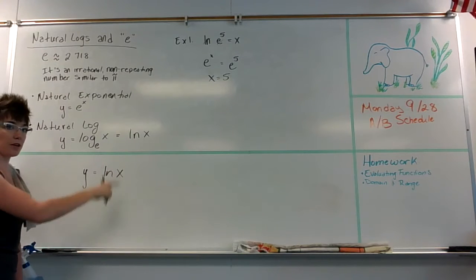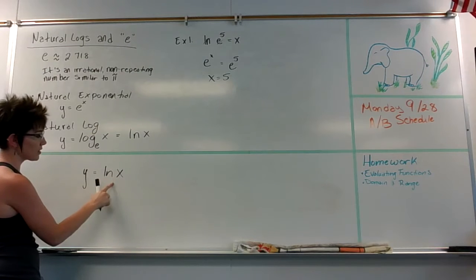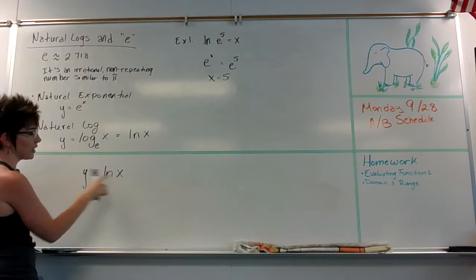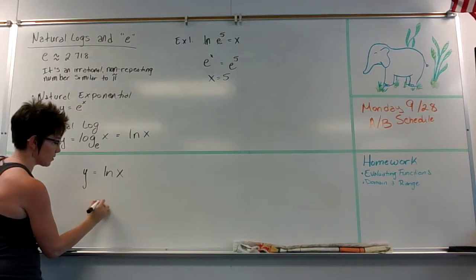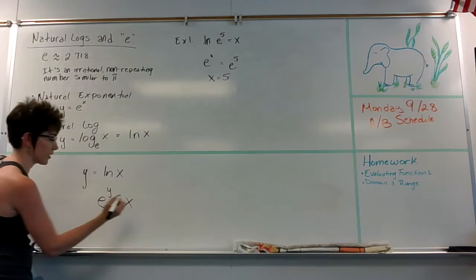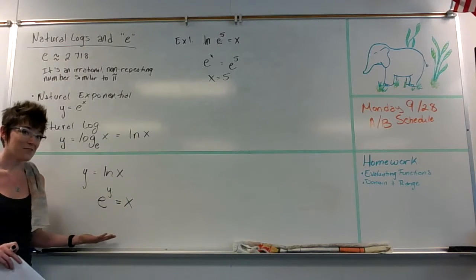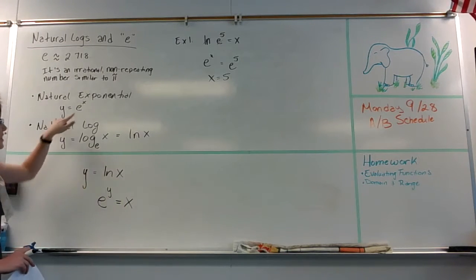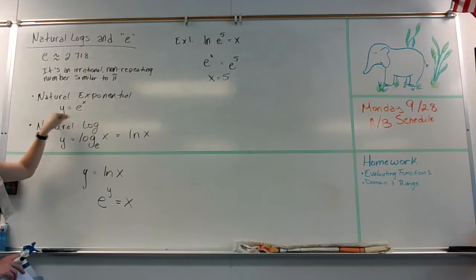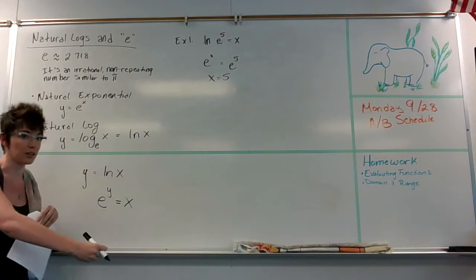Attempt to see if you can write this in exponent form. That's a matter of taking the base, raised to the exponent, equal to the number. So e to the y power is equal to the number x. Does this look familiar? Hopefully. Because it looks exactly like this one right here, y equals e to the x power, but the x and y have been switched.